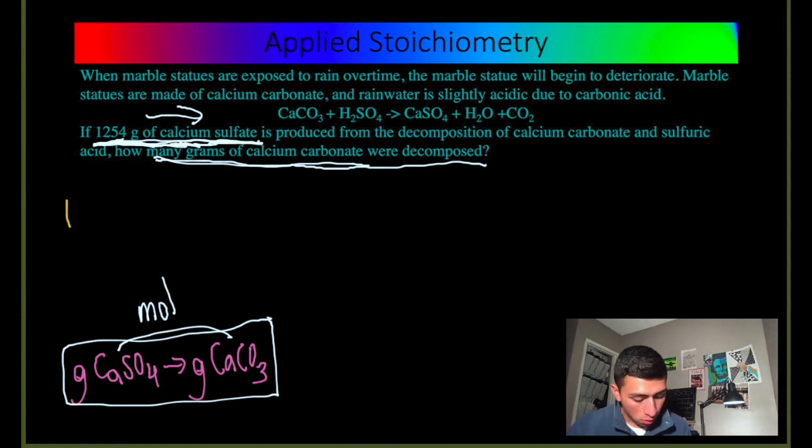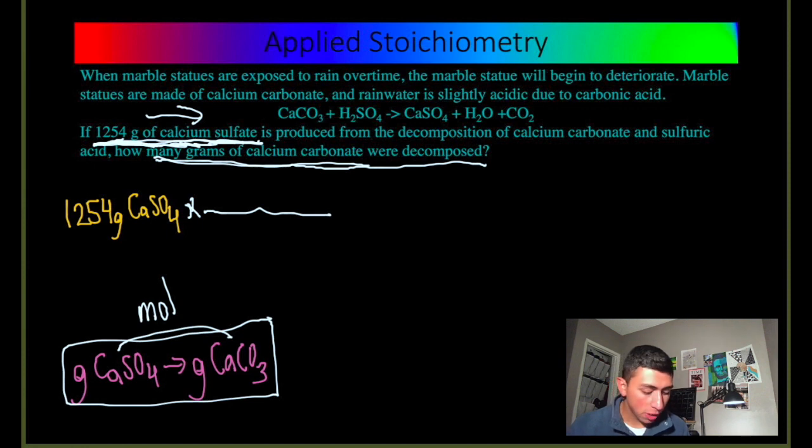We're starting off with 1,254 grams of calcium sulfate. Now, our first step in this process, since we know we have to go through moles, is a conversion from grams of calcium sulfate to moles of calcium sulfate.